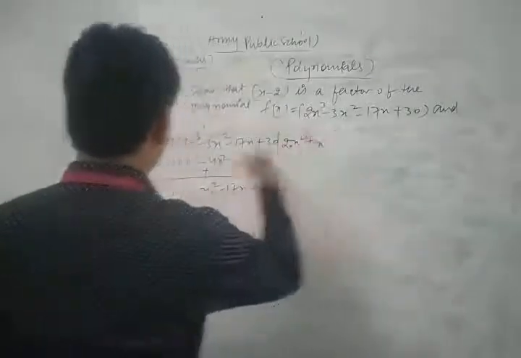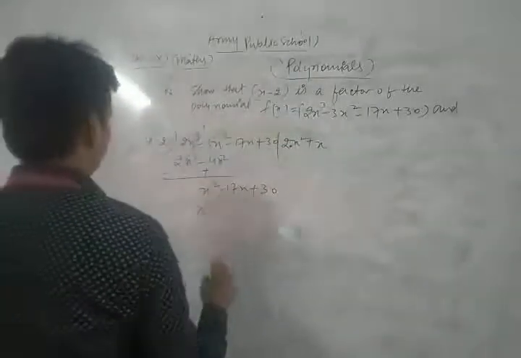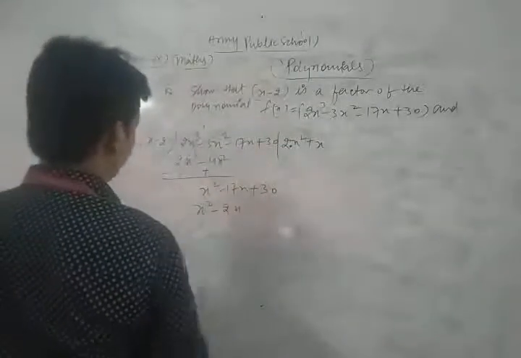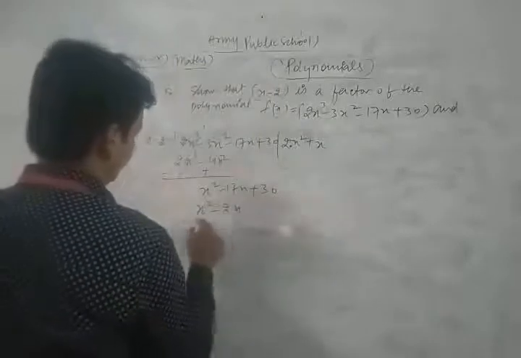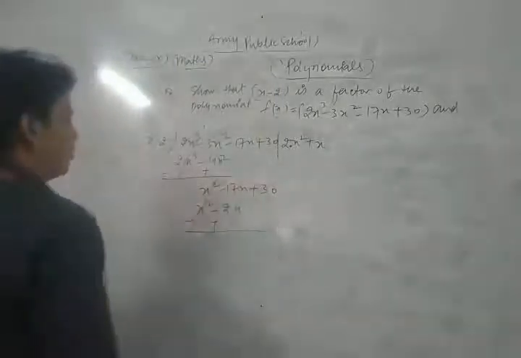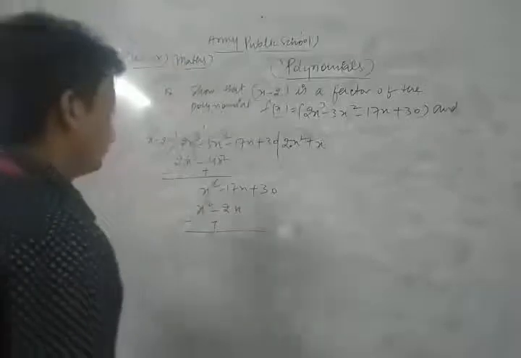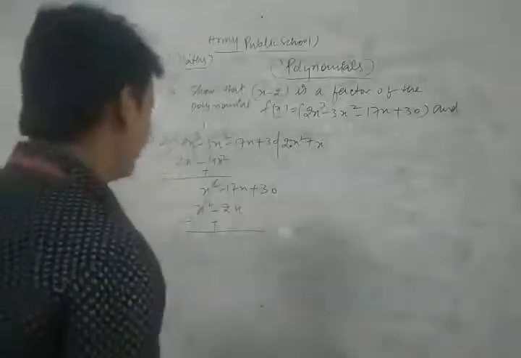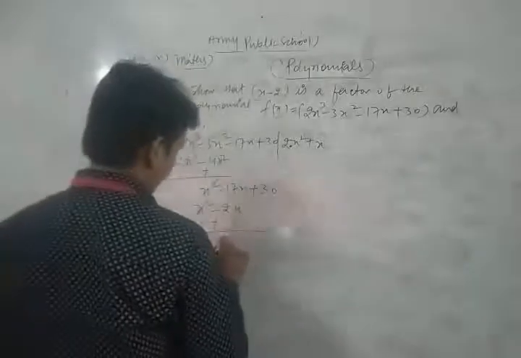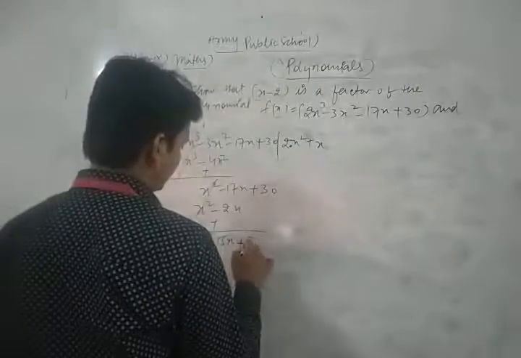Now the coefficient here is x square, so we take plus x times, this is x square minus 2x. Now minus plus cancel to each other. Now minus 17x plus 2x, so we get minus 15x plus 30.